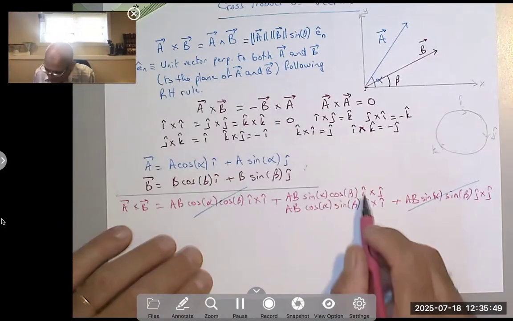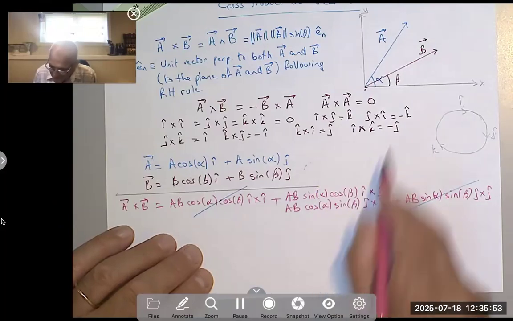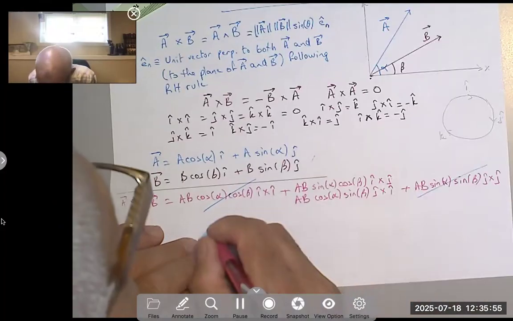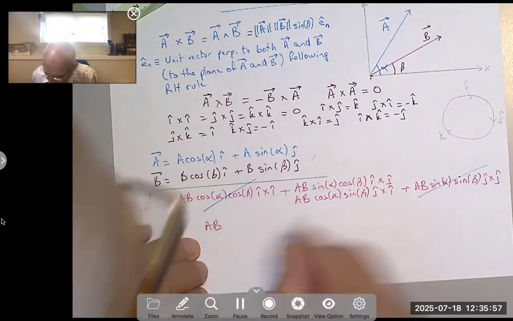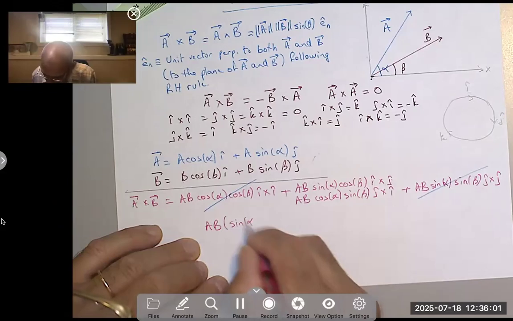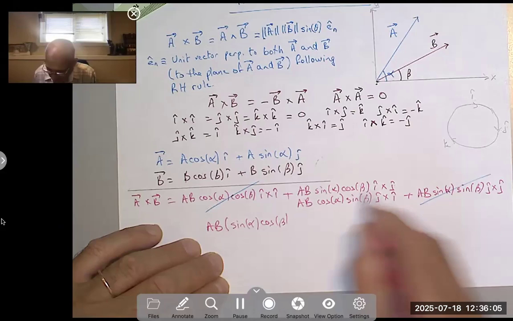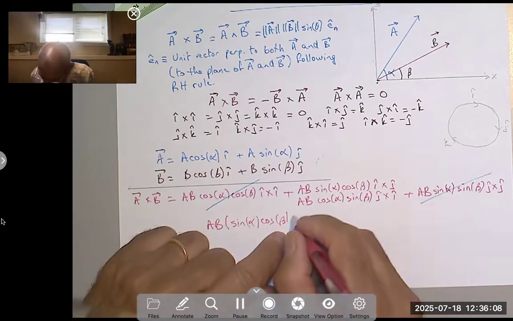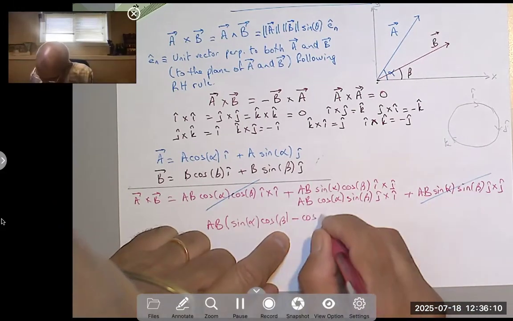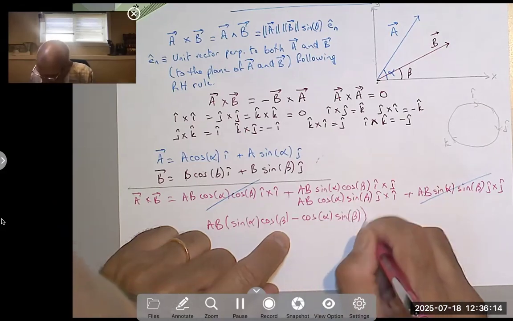We also know that I cross j is k, but j cross I is negative k. So now I can say AB times sine alpha cosine beta, that's k, and this is negative k, so minus cosine alpha sine beta k.